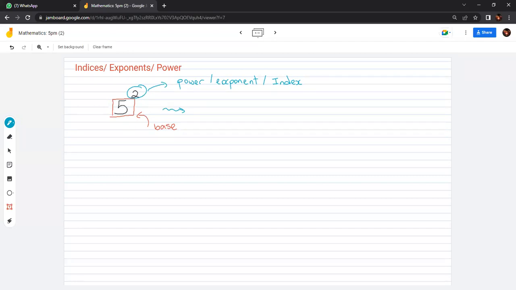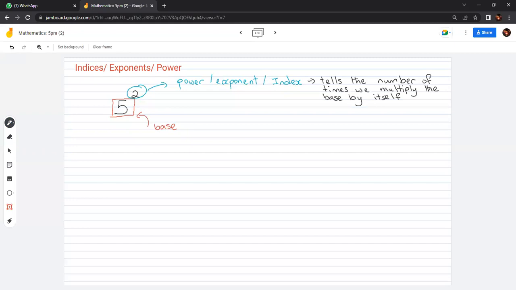So the power or the index or the exponent tells the number of times we have to multiply the base by itself.